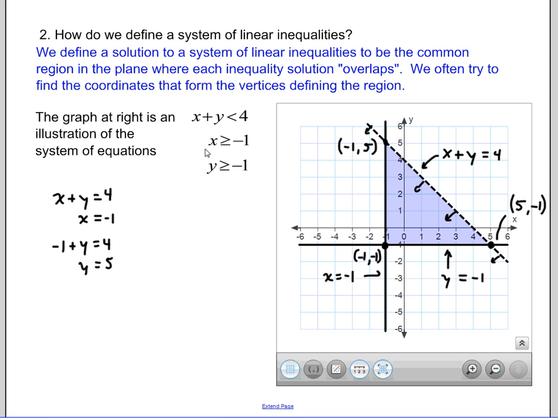The line x is greater than -1, so everything to the right of x equals -1 in the plane. And y is greater than -1, so everything greater than y equals -1 in the plane. And all of those overlap in this shaded region shown.